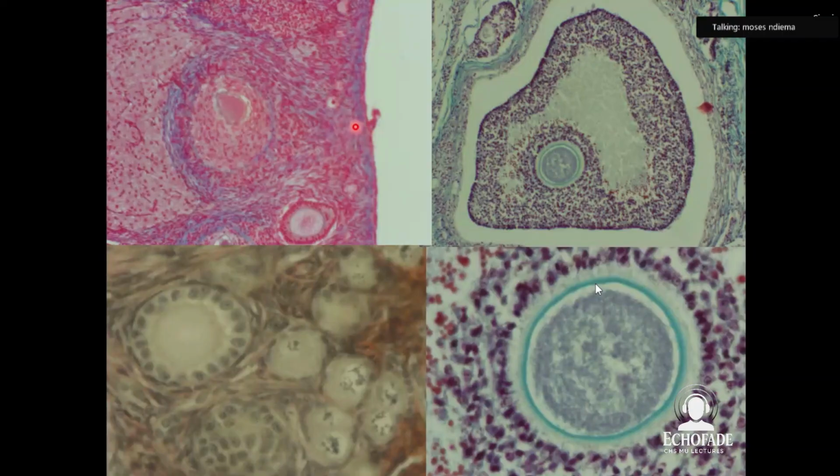This retention of contact with the capsule forms what you refer to as an ovulation cone. Once this follicle matures, at the time of ovulation there will be release of the ova through that part into the abdominal cavity, that ovulation cone.